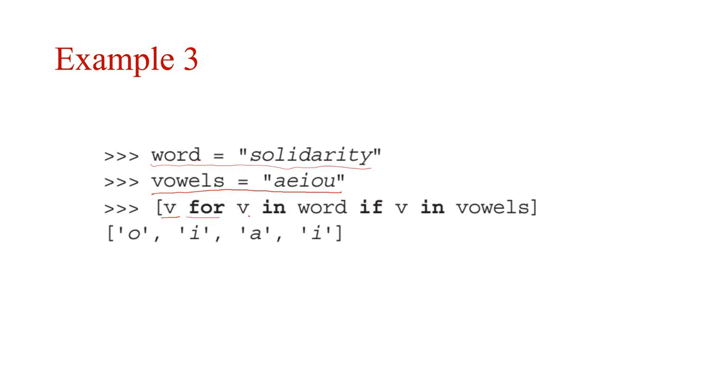You're iterating over the word, which is your string "solidarity", and you're only printing out those characters in your string that are vowels. So you can see that O is going to be printed out, I, and then A, and then I again. Only these are part of your list. So this is an example of how to use strings. We'll talk more about the in function in the coming classes.